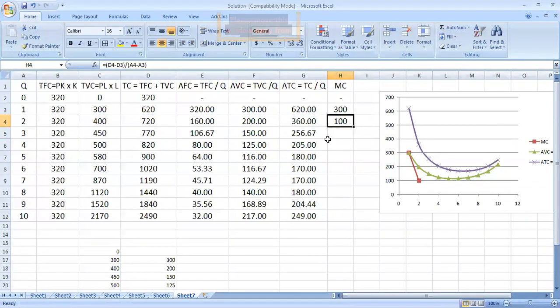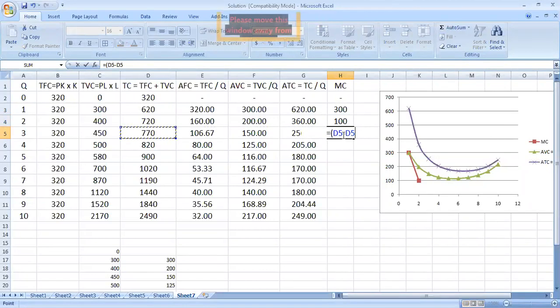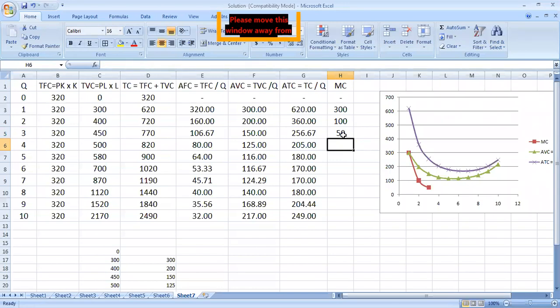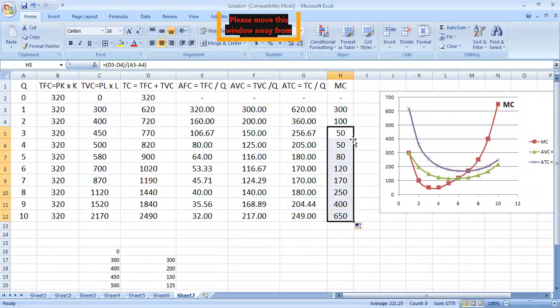And let me just find out the next value. 770 minus 720 equals 50. 3 minus 2 equals 1. So 50 divided by 1, the answer should be 50. Okay. And let me just scroll it down, right?